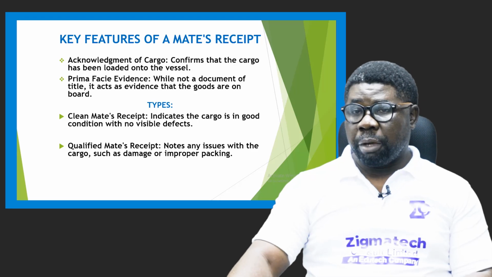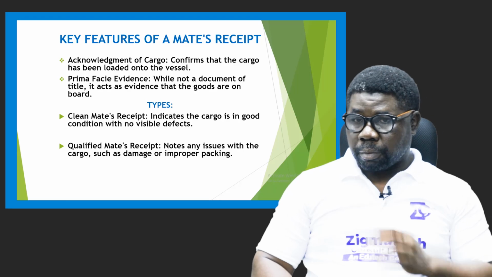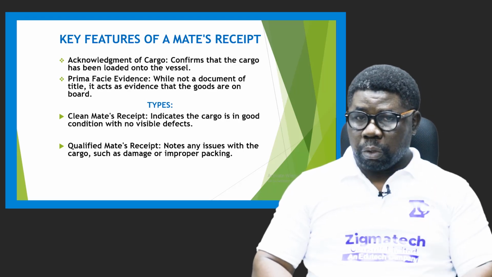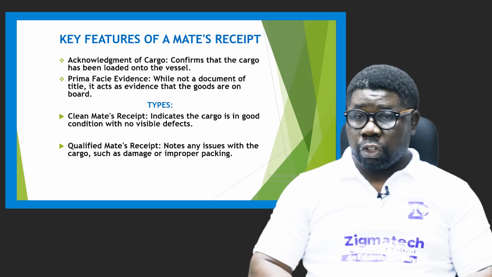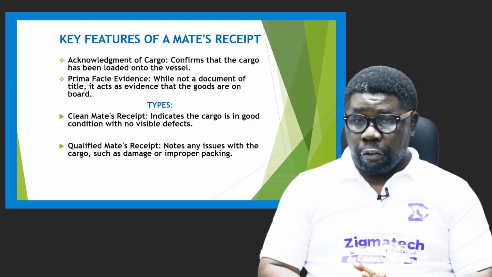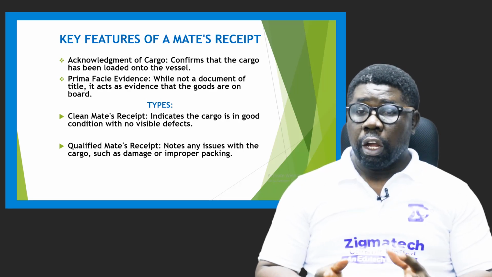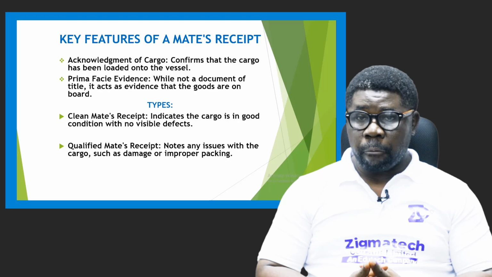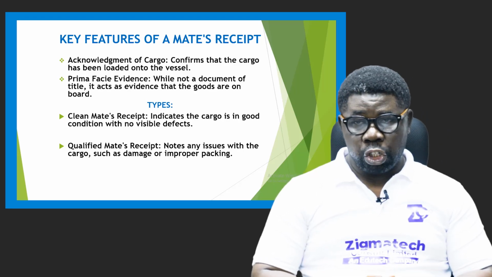Now, key features of a mate's receipt. What are the things you can find in a mate's receipt? Number 1, acknowledgement of cargo. The mate's receipt shows that the chief officer has acknowledged that he has received this amount of cargo in his vessel or ship. It confirms that the cargo has been loaded onto the vessel or ship.